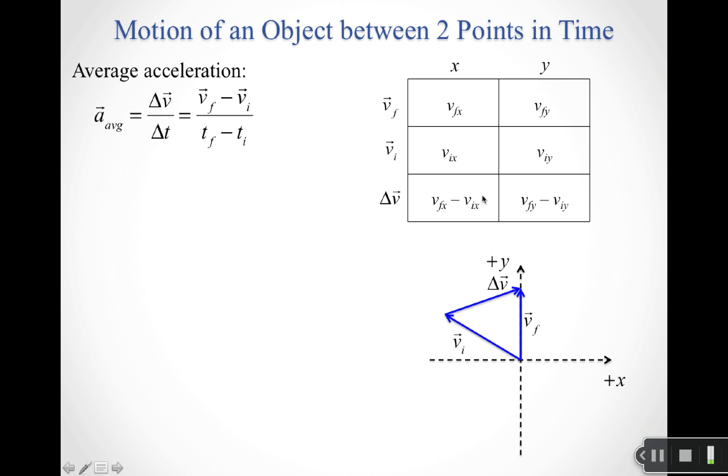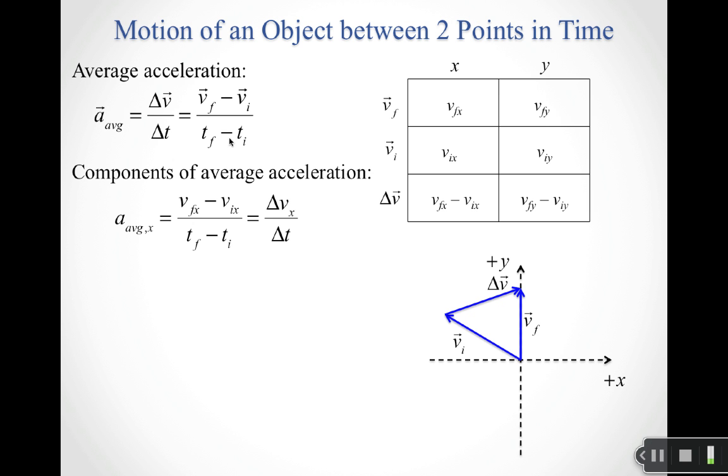So again, I'm going to set this up as x and y components of the final velocity, x and y components of the initial velocity, and then I just need to do the subtraction. So I get to work a vector subtraction problem to tell me how the velocity is changing, and then divide by time.